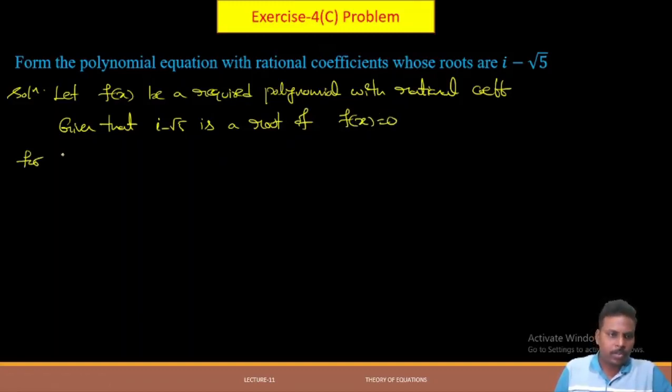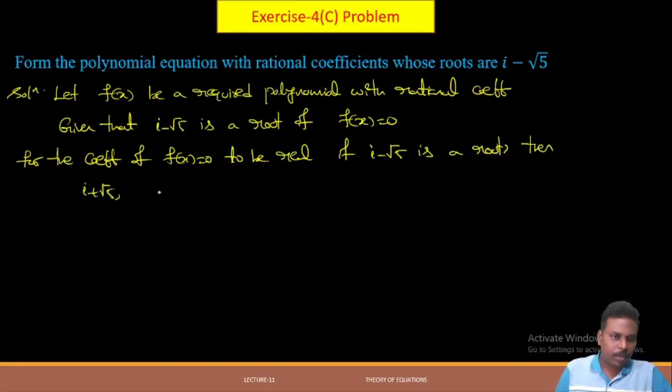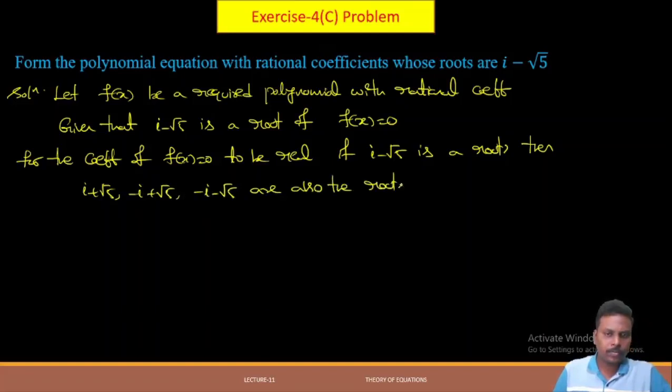So for the coefficients of f of x to be real, if i minus root 5 is a root, then i plus root 5, minus i plus root 5, minus i minus root 5 are also the roots of f of x is equal to 0.